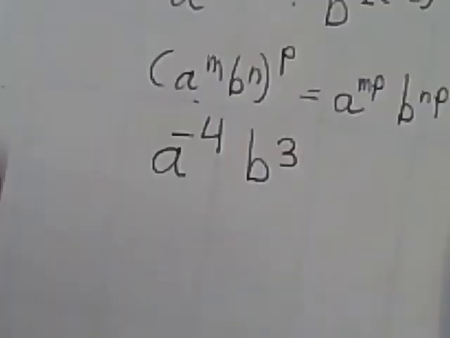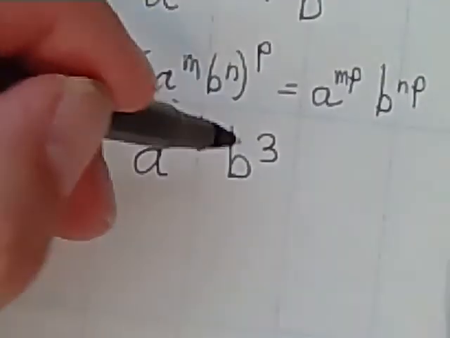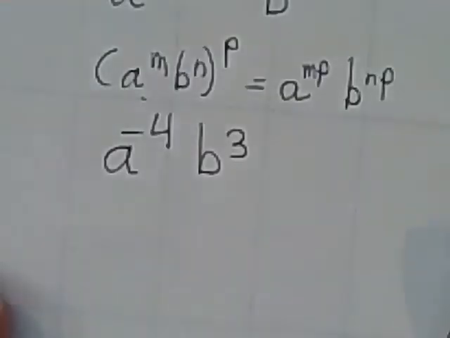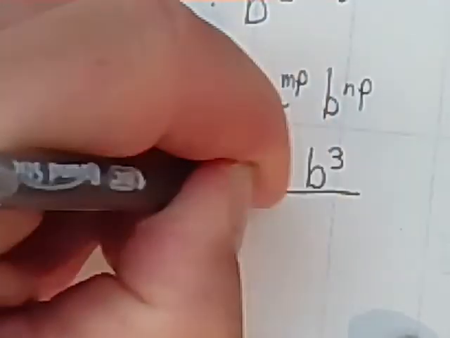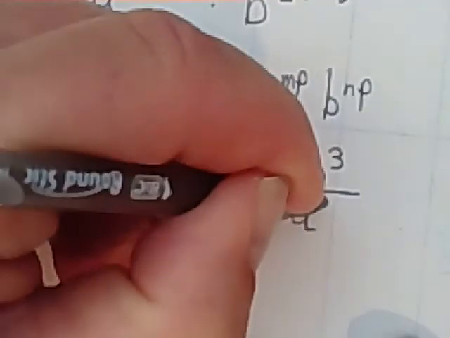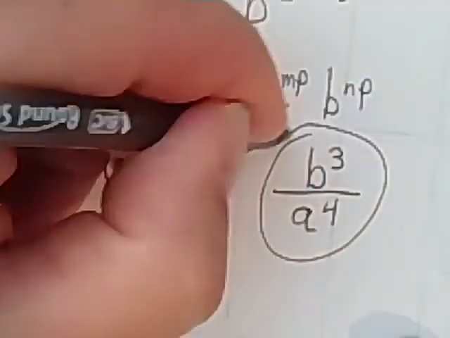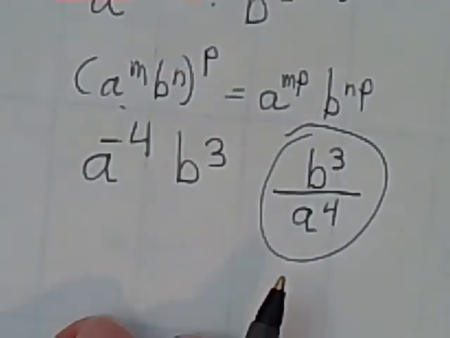Now, instead of leaving it as a to the -4 over b to the +3, we prefer that you rewrite this as b cubed divided by a to the 4th power, so that you're listing it as a positive exponent.